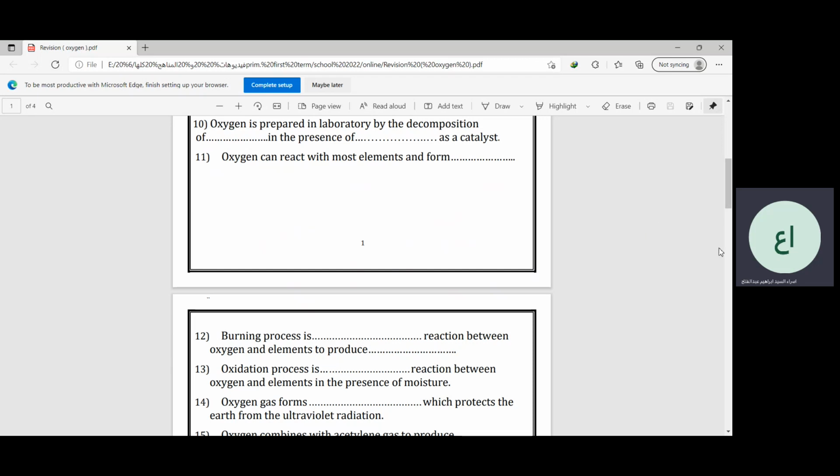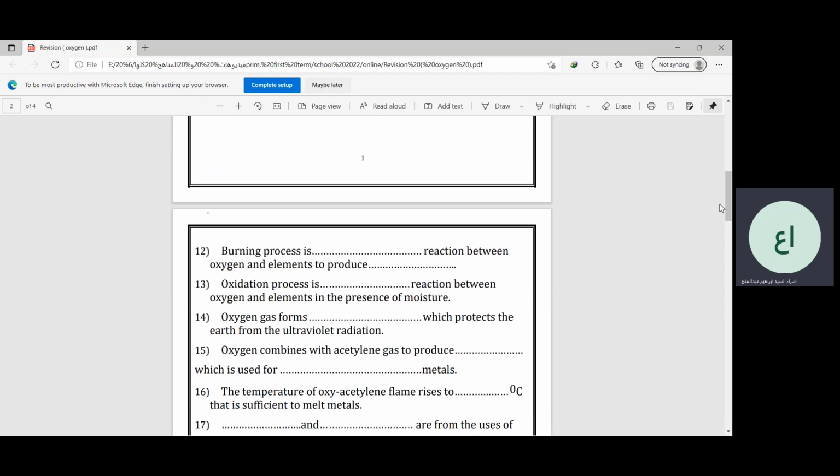Okay. زي مثلا يا شباب لو أنا عملت الأيرن combine with oxygen هيدينا ايه؟ iron oxide and so on.